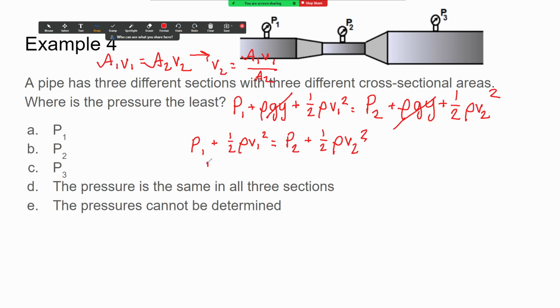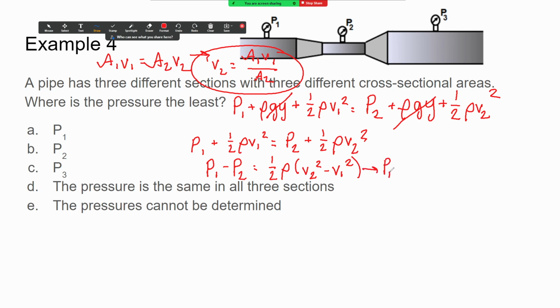Okay, so P1 minus P2 is going to be equal to 1/2 rho times V2 squared minus V1 squared. Now, this is complicated because I don't actually know V2. However, I know that they're related like this.